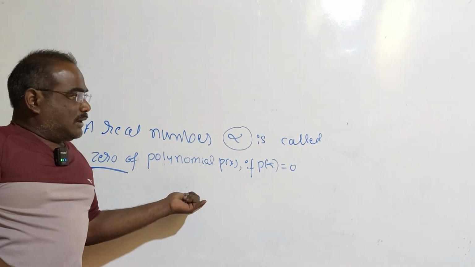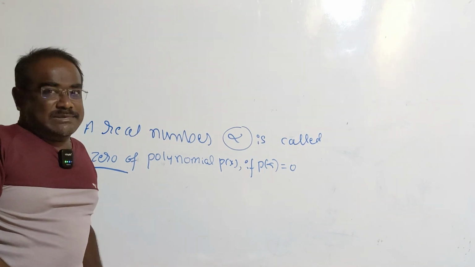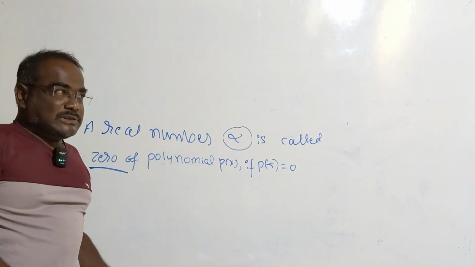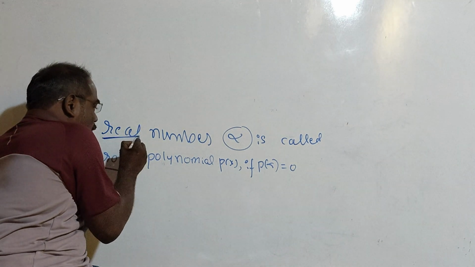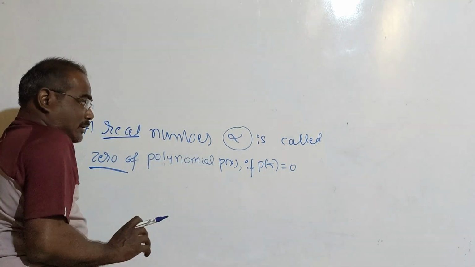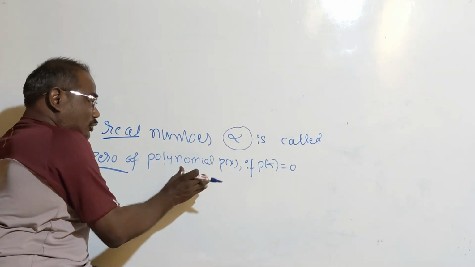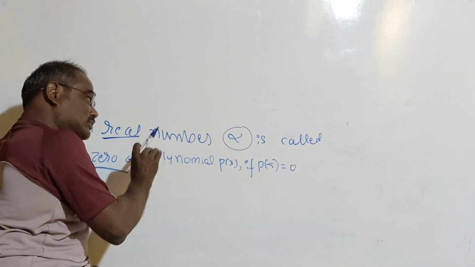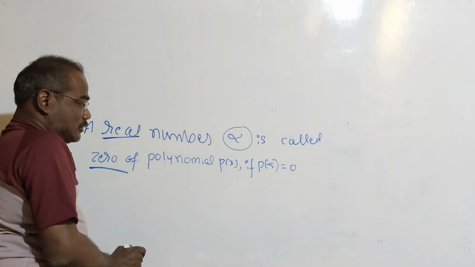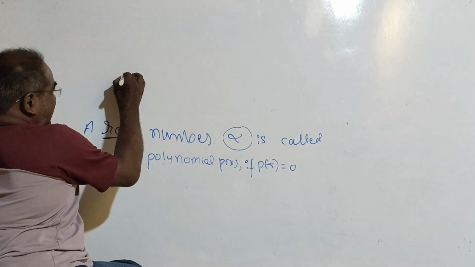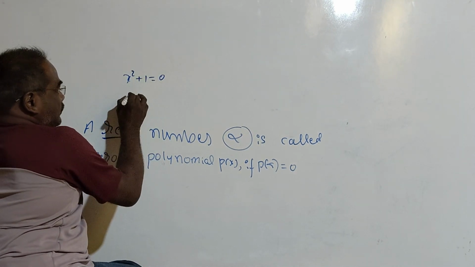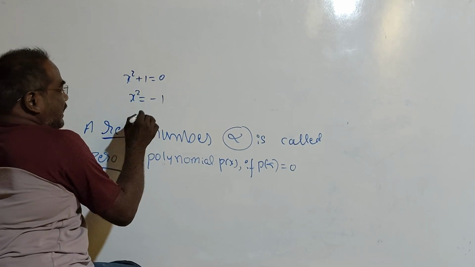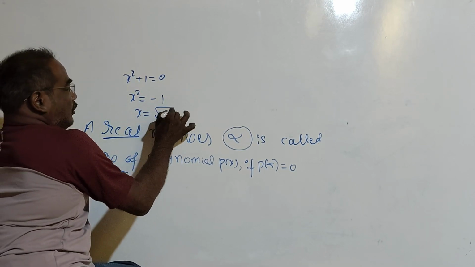Sometimes there may be complex zeros, sometimes real zeros. It is not fixed. Is alpha, or the zero, always real? No, sometimes it may be complex also. Let me take one example. See here, x square plus 1 equal to 0. Then x square equal to minus 1, x equals under root minus 1.